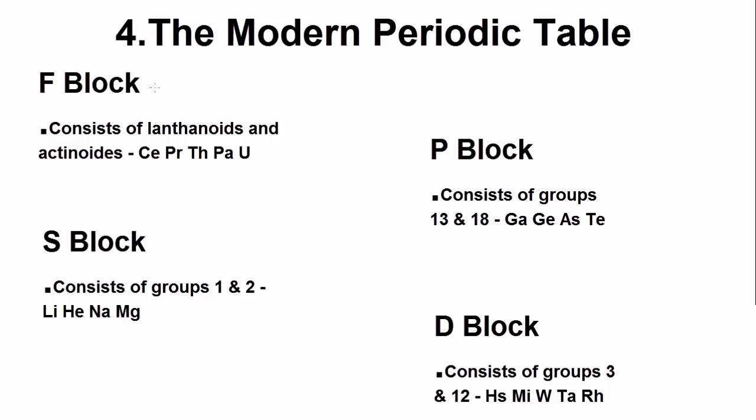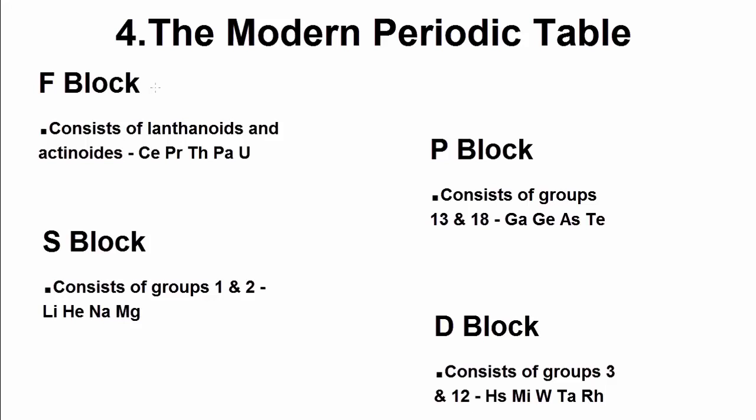And then p blocks, that's elements of group 13 to 18, like helium or boron, carbon, all of these. D blocks, which go from the 3rd group till the 12th group, were also called the transition elements.